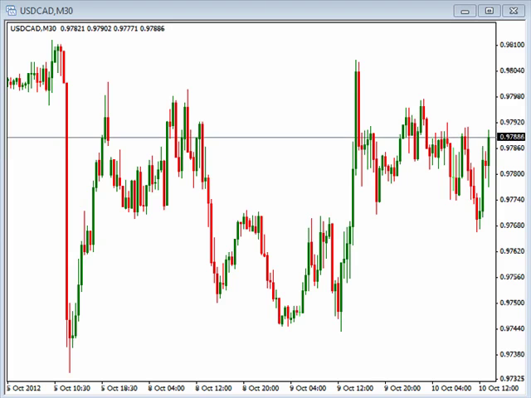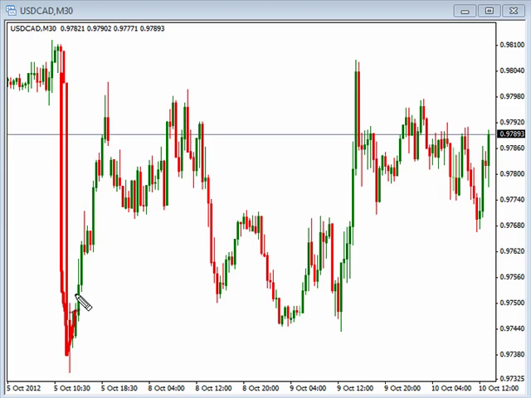We finally got a little bit of movement yesterday after the market really just sat flat and didn't give us much in the way of movement. You can see the U.S. CAD here. This is a 30-minute chart. For the past few days, when the market really moves like this, it's pretty difficult because we're getting a lot of movement, but we're not going anywhere.